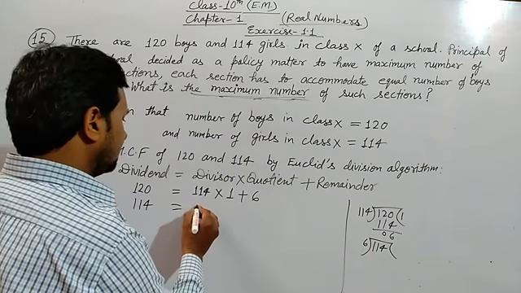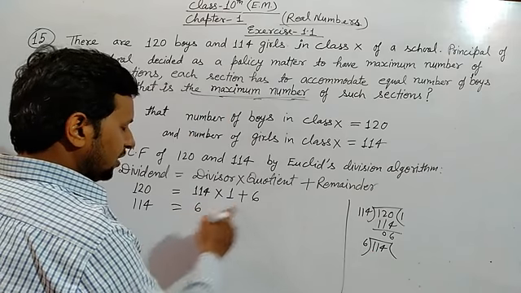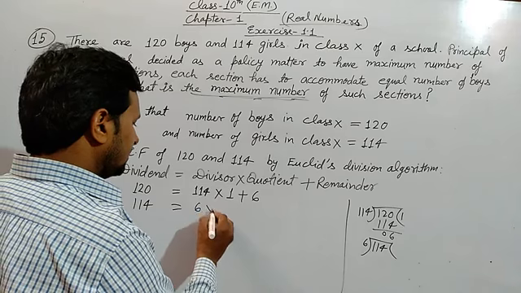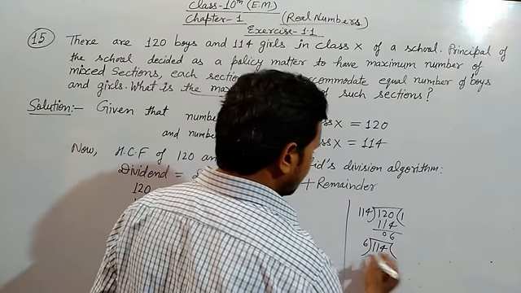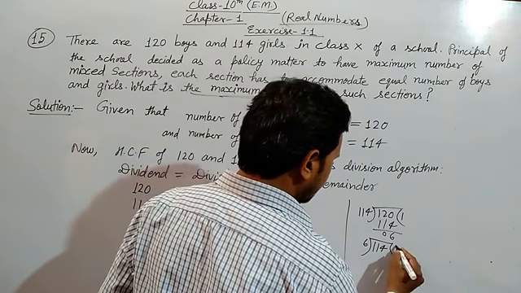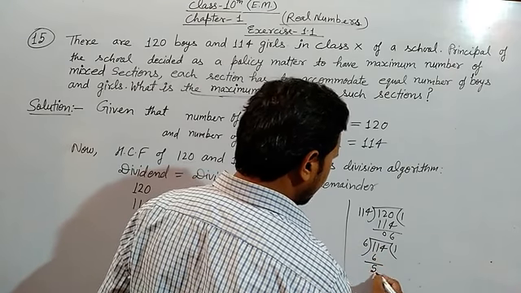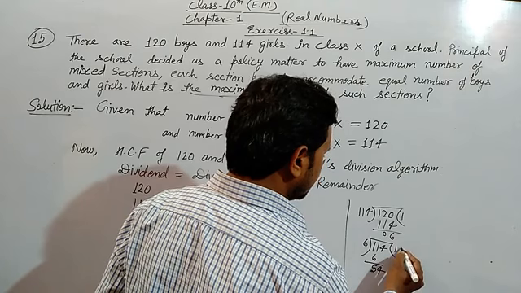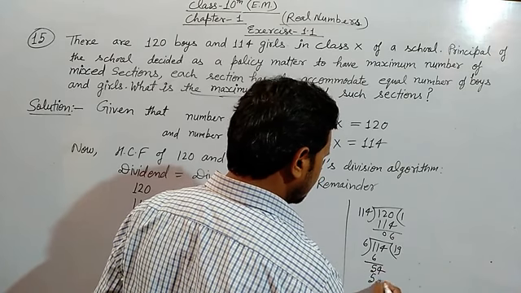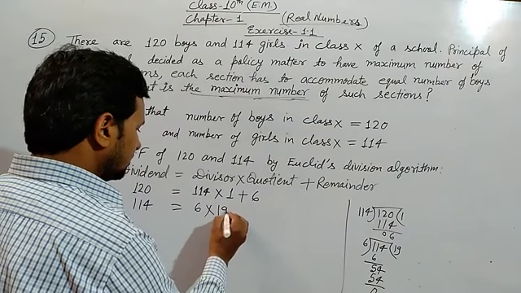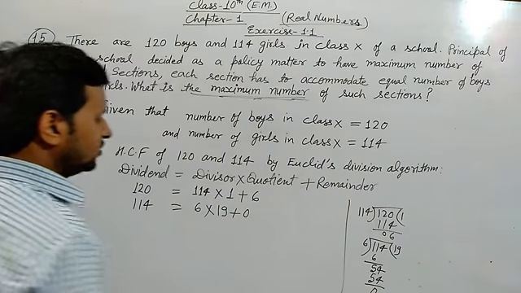And the remainder is always less than the divisor, we have studied earlier in earlier questions. So what is the quotient? 6 1s are 6, because 12 is greater than 11, here we get 5 and here 4. 6 9s are 54 and we get 0. Means quotient is 19 and remainder will be 0.